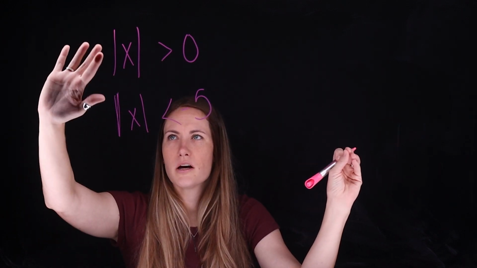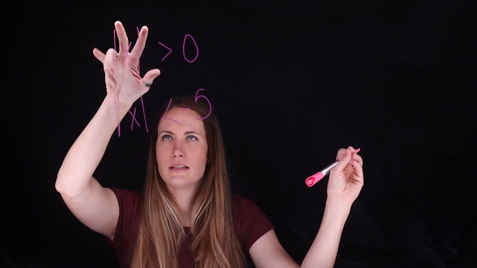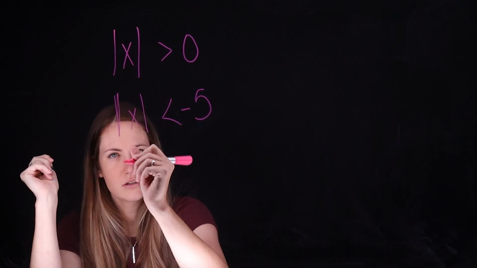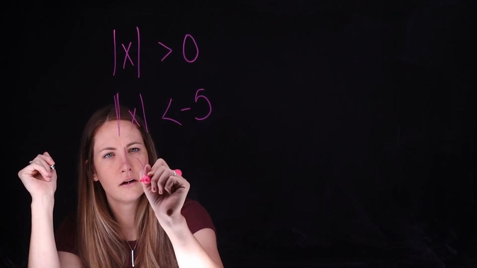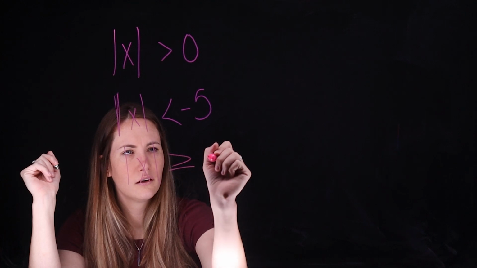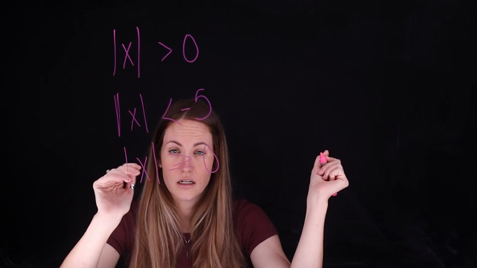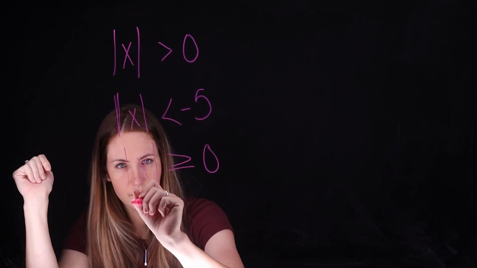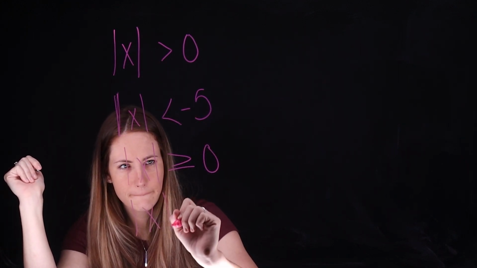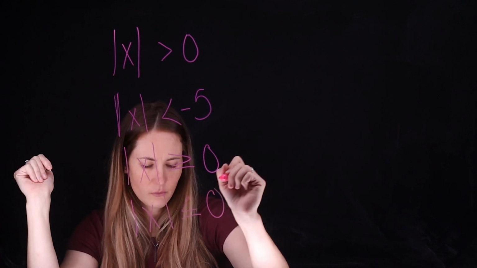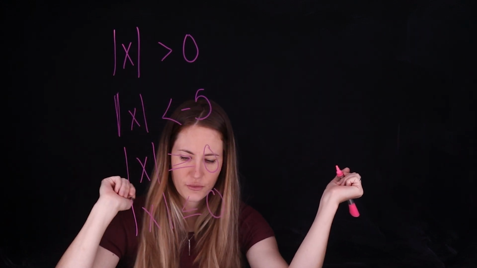We don't care if it's a positive distance or a negative distance when it's in the absolute value. We just care that it's positive. It's a distance. I kind of give this one away on this problem.